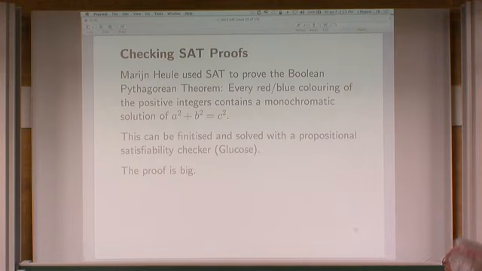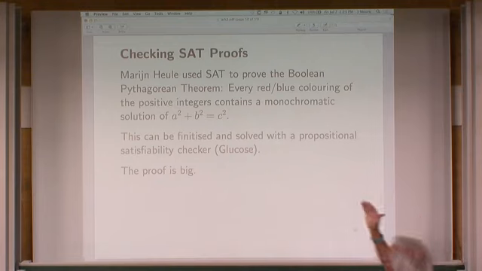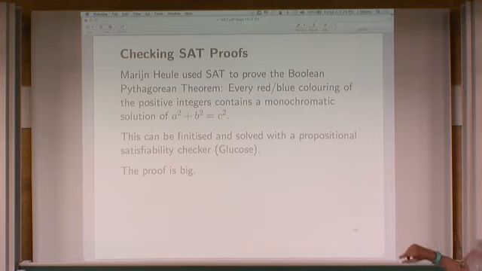And he used a SAT solver to prove the Boolean Pythagorean theorem, which says that every red-blue coloring of the positive integers contains a monochromatic solution of the Pythagorean formula. And he finitized it and solved it with a SAT checker, but the proof is big. And he'll talk about that later.